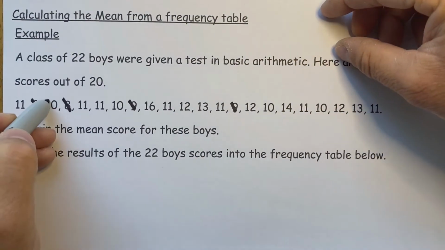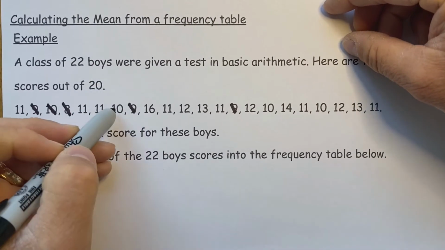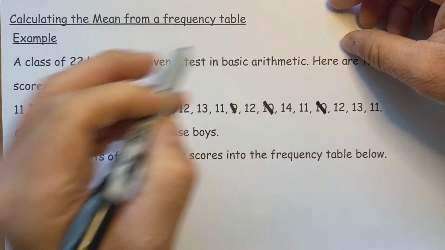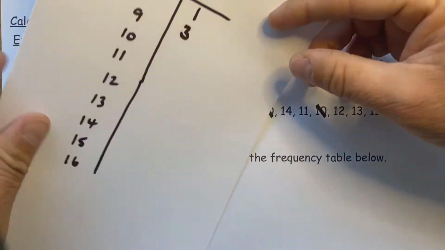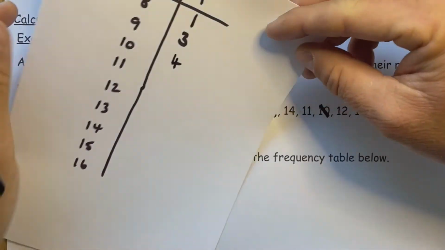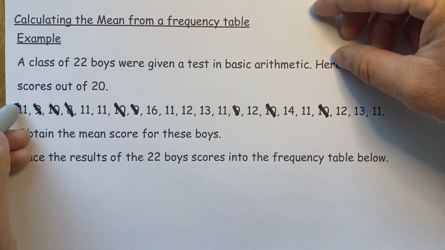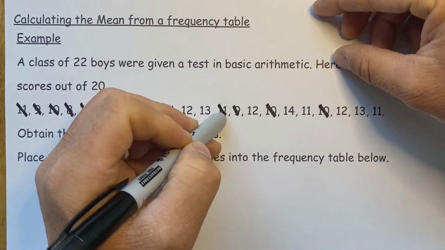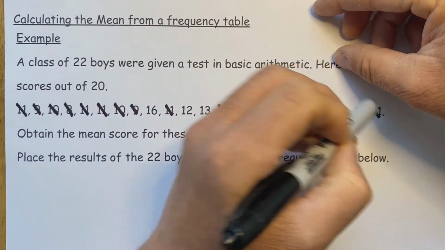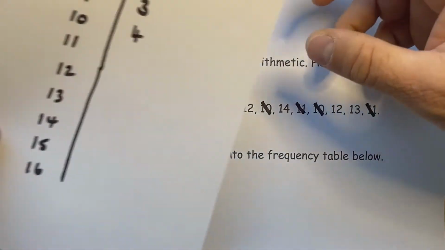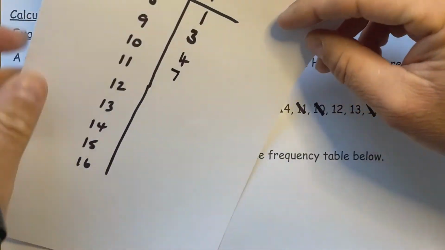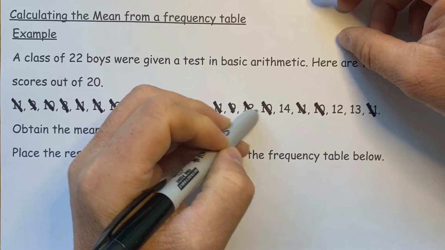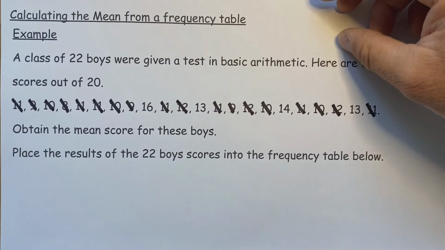Score of 10, 1, 2, 3, 4 scores of 10. Score of 11, 1, 2, 3, 4, 5, 6, 7. 7 scores of 11. Score of 12, 1, 2, 3.